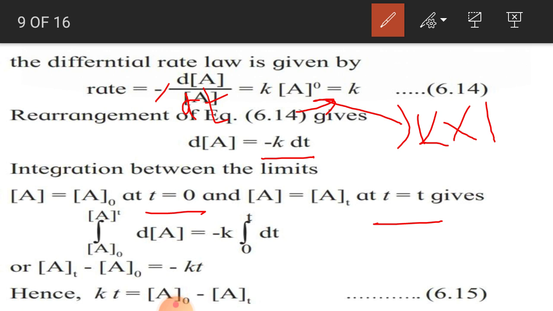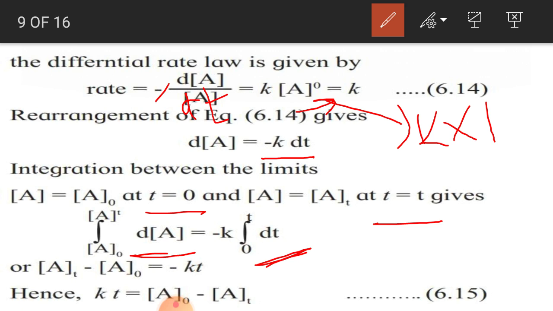So dA, we are integrating it from A naught to At, minus K, the constant, we are taking outside, integrating dt from 0 to T. Fine student.